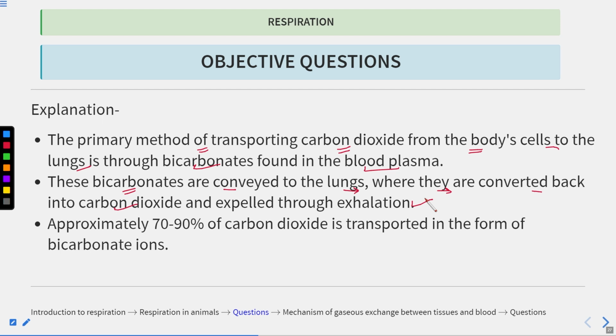Clear? Approximately 70 to 90% of the carbon dioxide is transported in the form of bicarbonate ions. So this was the explanation to this question. All right.